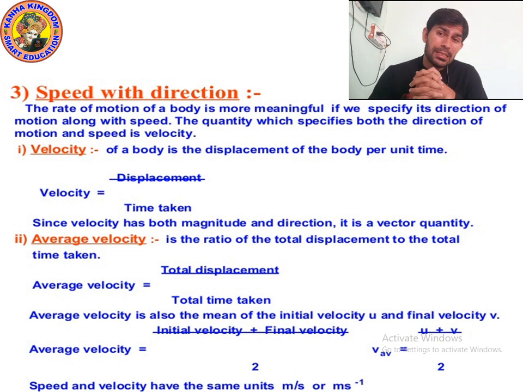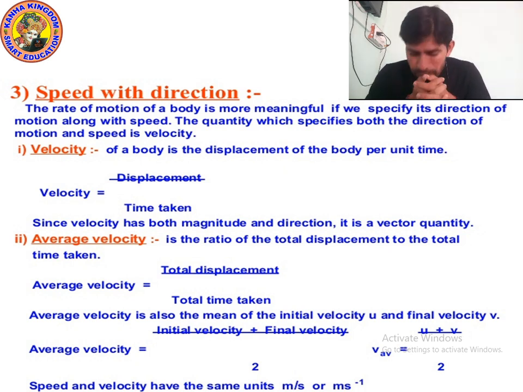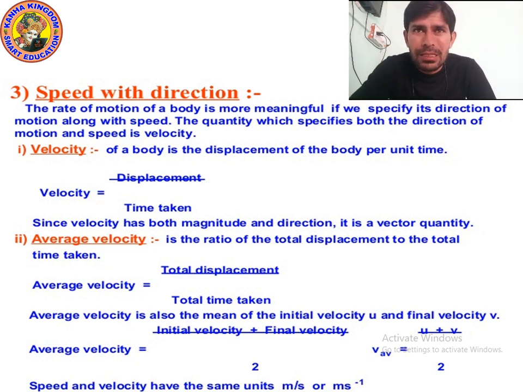Velocity is a vector quantity which has both direction and magnitude. Velocity of a body is the displacement of the body per unit time.